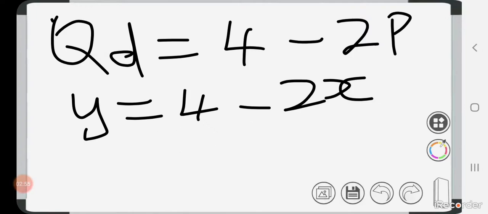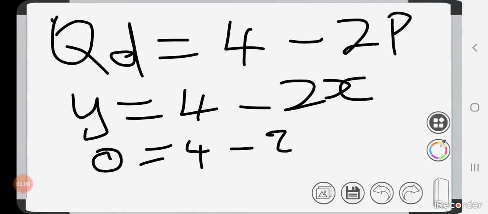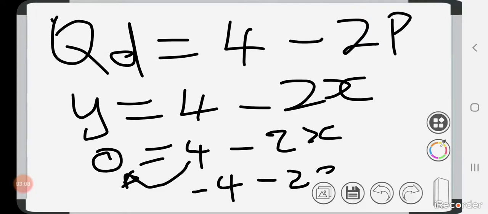For that, we then say 0 is equal to 4 minus 2x. We can move that 4 to the other side, and that becomes minus 4 equals minus 2x. Right? Minus 4 is equal to minus 2x.